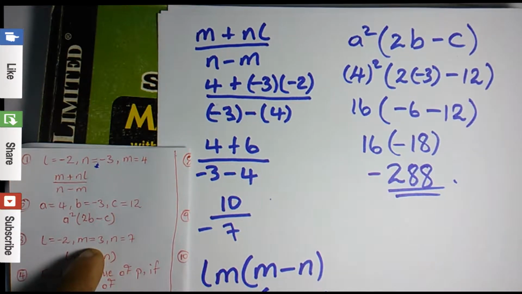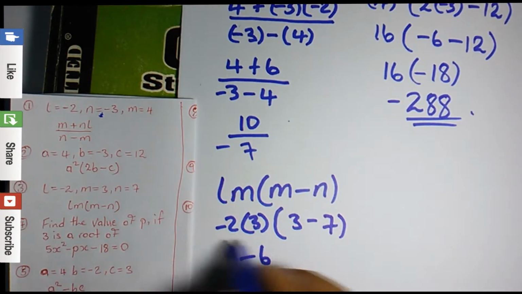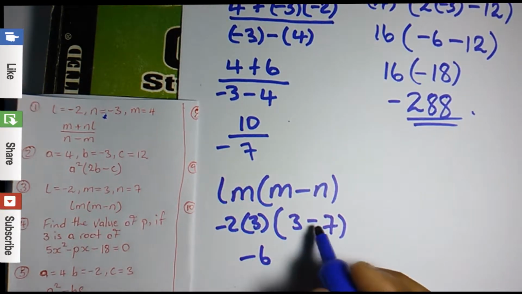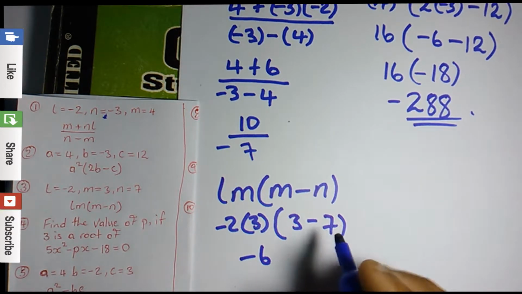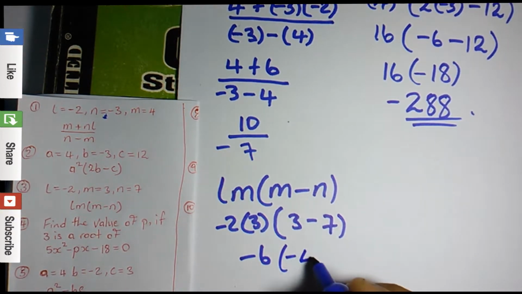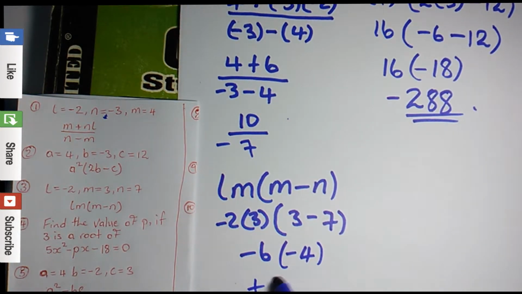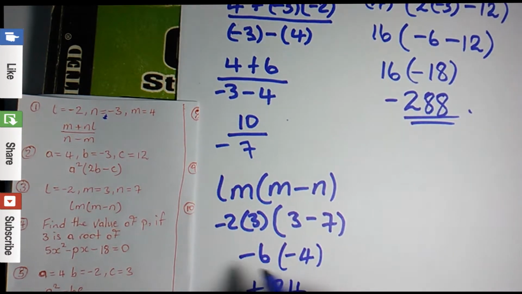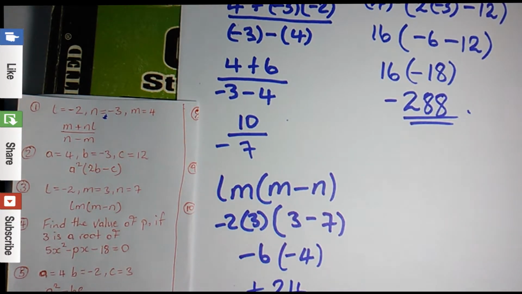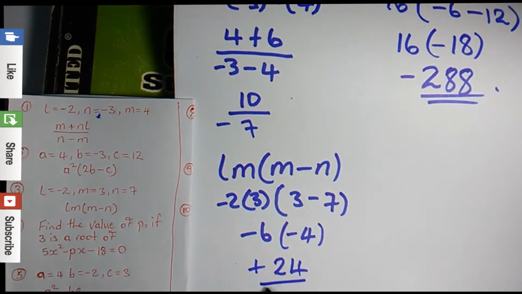So -2 times 3 is -6, this section outside the bracket. Then 3 minus 7 is -4. Then we multiply, negative times negative is positive, 6 4s, 24, or 4 6s, 24. So that would be the answer.